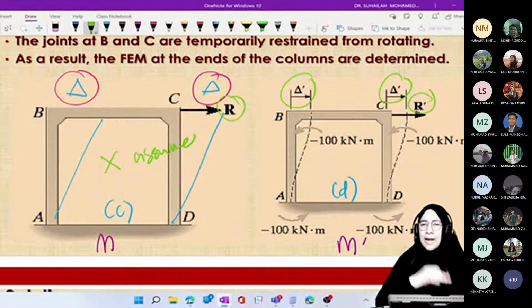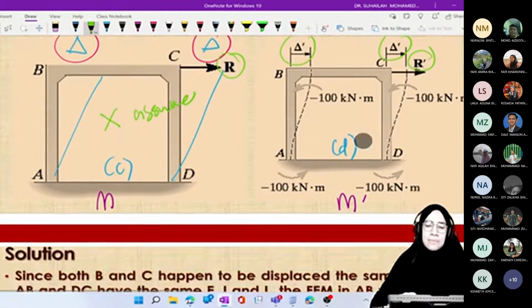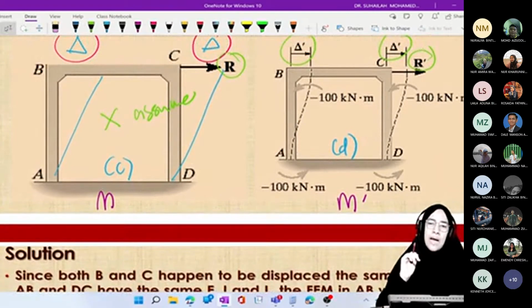These two frames are proportional, and we will analyze diagram D, not diagram C, for the second table.